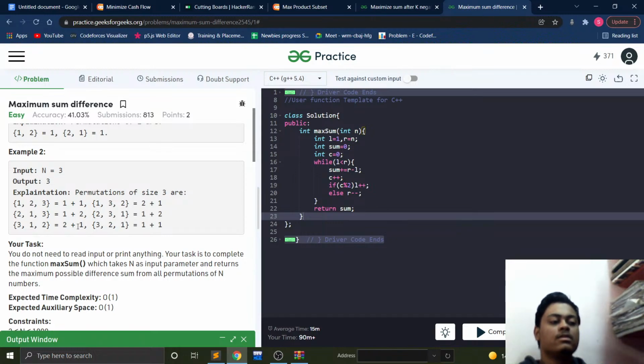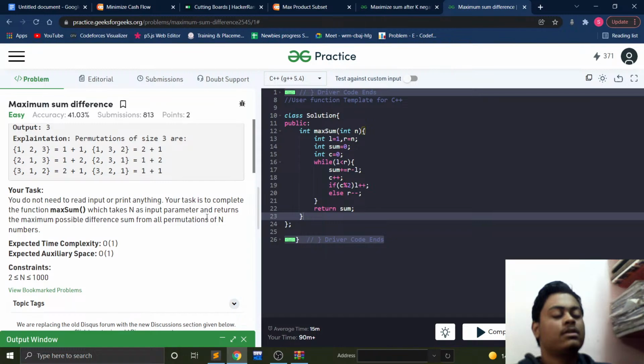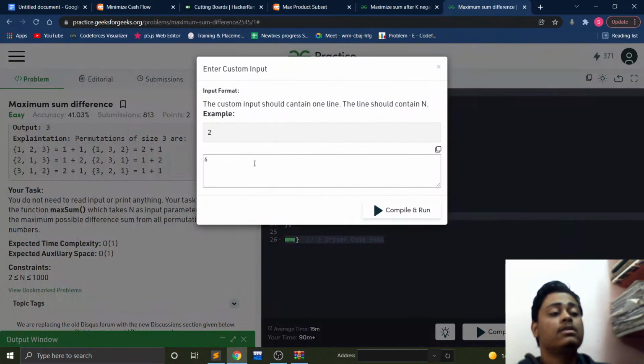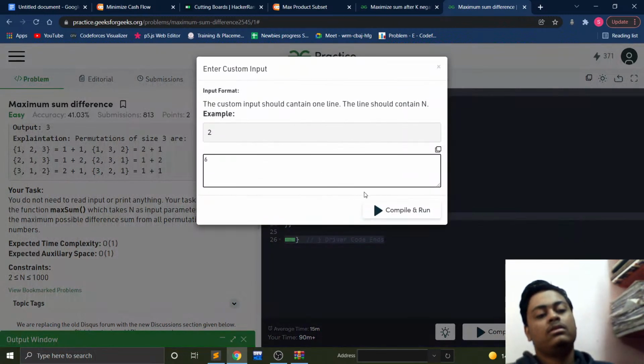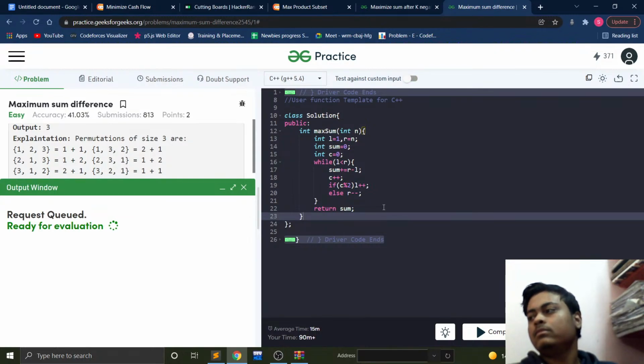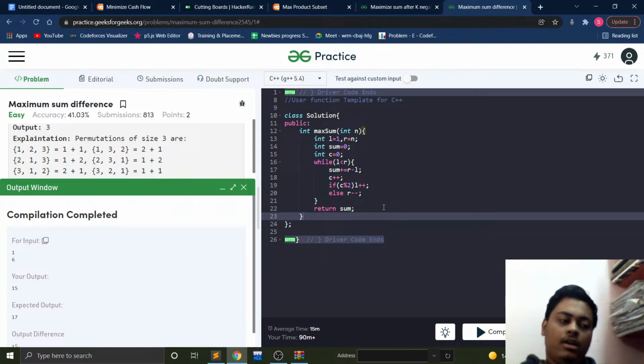Yes, it's correct. For 6, expected value is 17. Is there any other permutation which will make it 17?